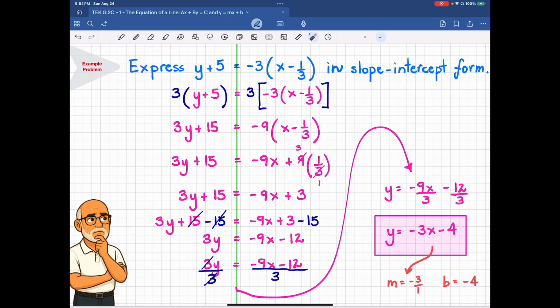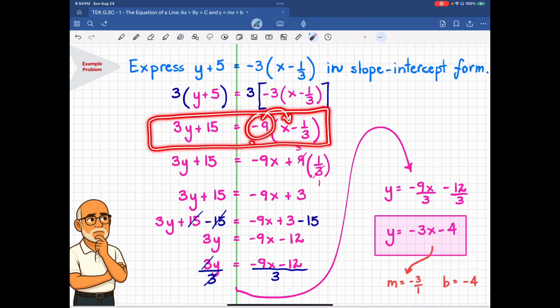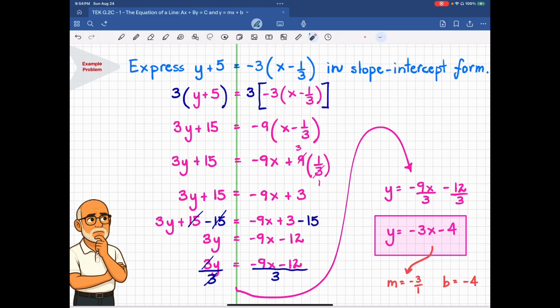So as I look at this, I think what I want to do next is multiply the negative 9 through the parentheses. So I'm going to have to distribute the negative 9 through the parentheses. A negative 9 times x is a negative 9x. And then I have a negative 9 times a negative 1/3. A negative times a negative is a positive. And I have a 9 times 1/3, which is right here.